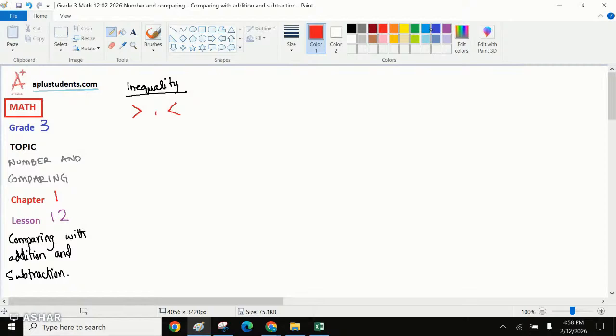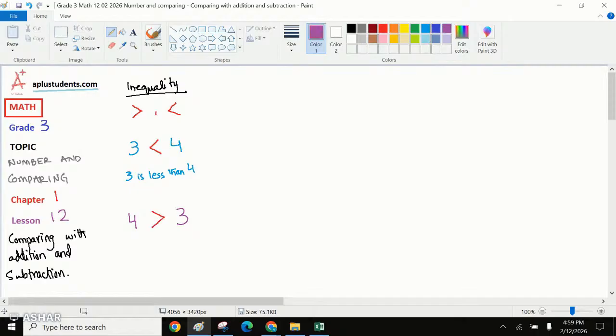If I'll give you a very simple example. If 3 is less than 4, right? The closed end comes towards the smaller number. This means 3 is less than 4. Agreed? Similarly, if I write 4 and 3, then in this case the open end of the sign comes towards the greater number.